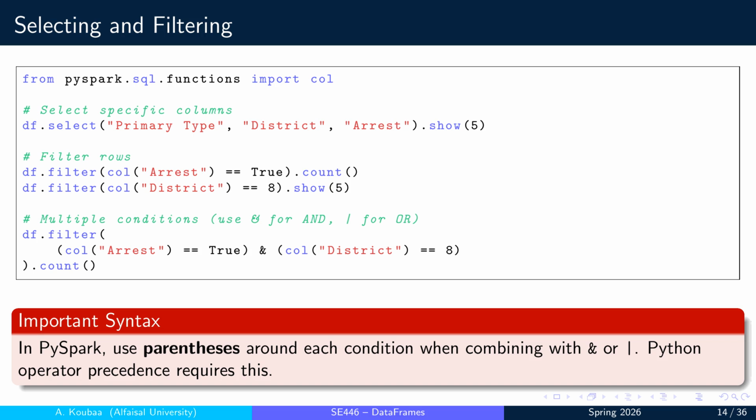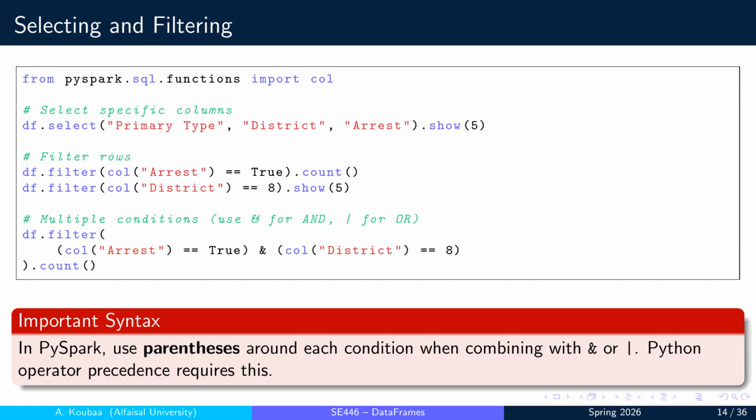Next, for filtering rows, we use the filter method, which is an alias for where. Here we are filtering for all flights where the value in the delay column is greater than 120. The condition is expressed programmatically using column objects.